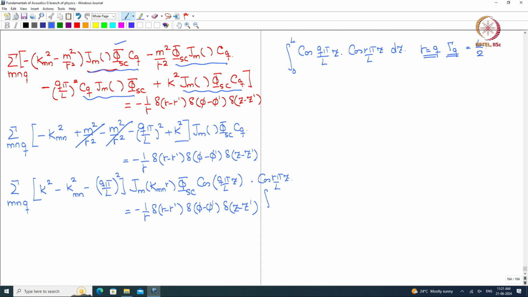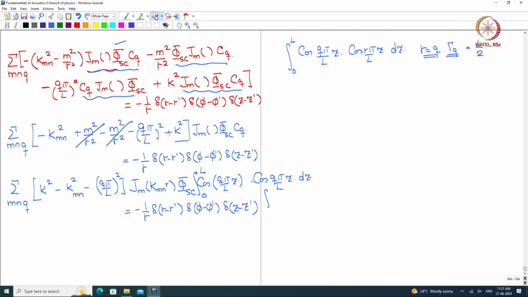So I will multiply by a different r, but then r and q have to be the same. So we will multiply by q itself, cos q pi by Lz, dz, and integrate from 0 to L.